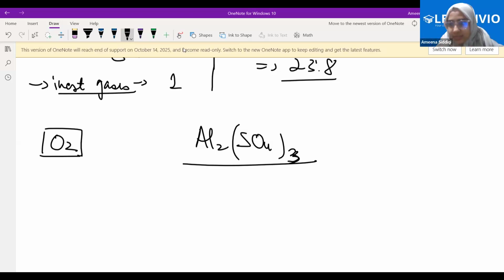Now here the bonding is different. If I have 2 separate oxygen atoms, that's a different thing. If I have 2 oxygen atoms combined together chemically, that's a different thing. Do you agree with that, Bacho? Yes, ma'am. And therefore, if I have 3 oxygen atoms, it becomes something else. If I change it to 4 oxygen atoms, it is something else.